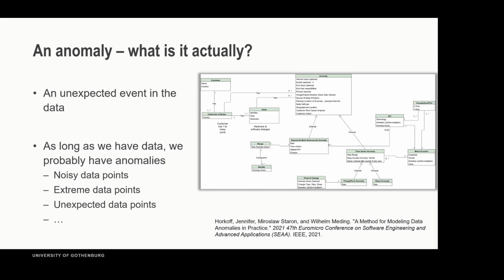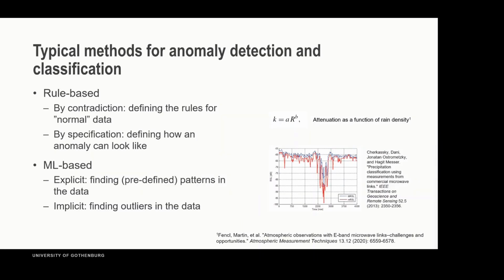So if we look at the typical method for anomaly detection and classification, of course, we can ask people how they identify anomalies. This is the kind of diagram that you see, which has been made based on interviews with practitioners. But we can also look at how anomalies are really defined, and there are two mainstream approaches.